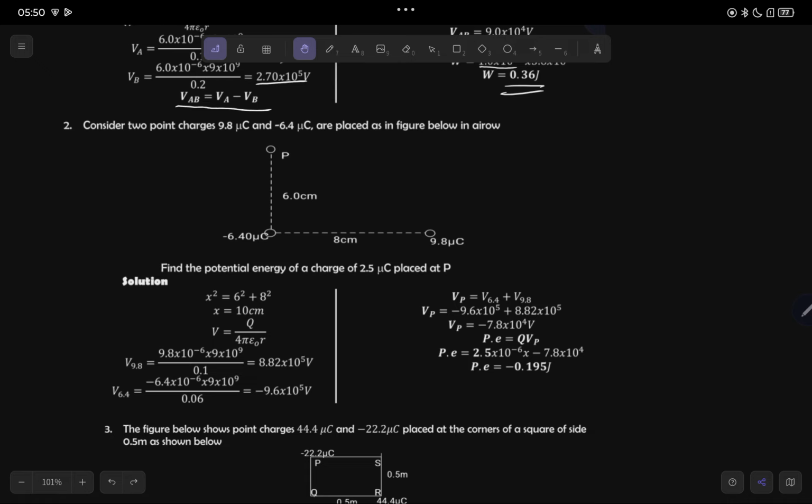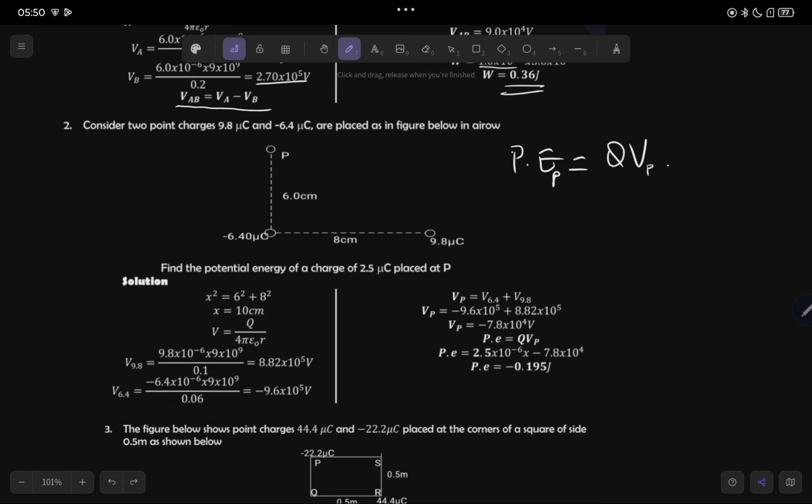Find the potential energy of a charge of 2.5 microcoulomb placed at P. We have said potential energy is given by QV.